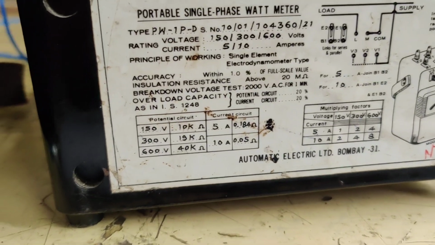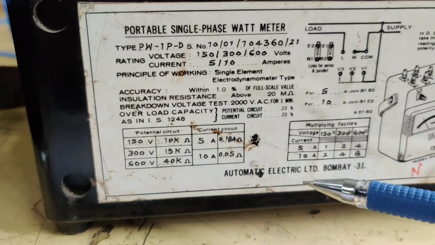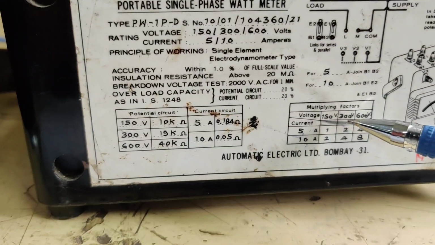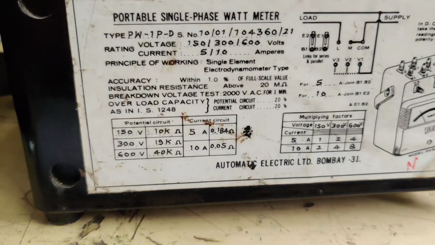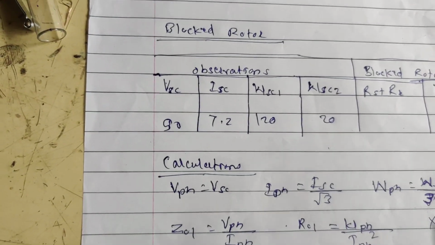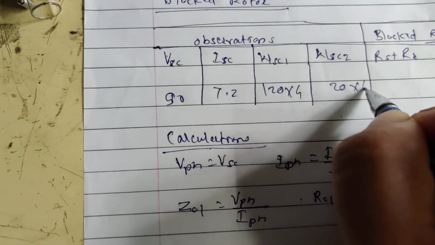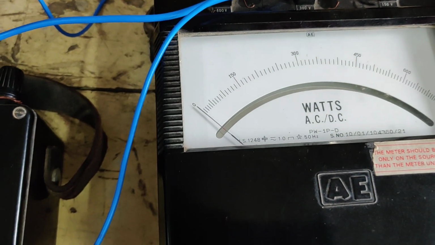About the multiplying factor, here we have 10 ampere as the current rating and the voltage rating is 300, so the multiplying factor is 4. For the sake of calculation, we are going to multiply this with 4 and this with 4. We have already exchanged the connection so that we have the rating.